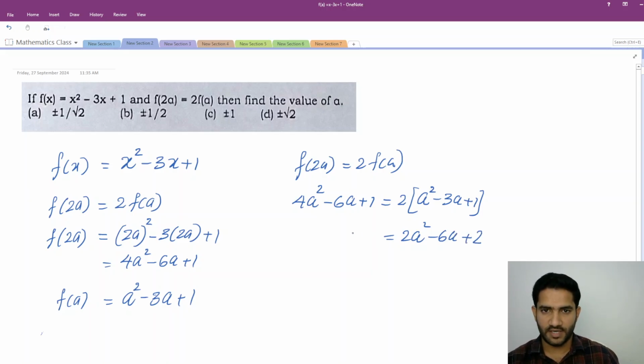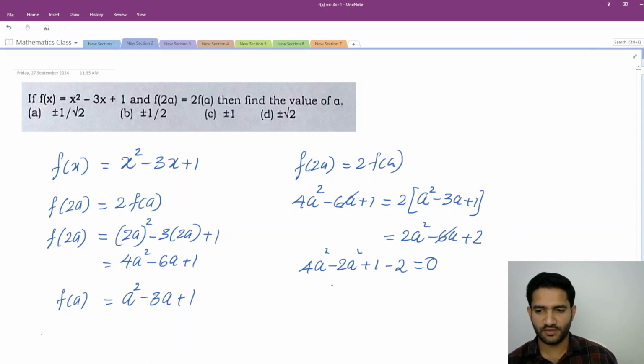It's a quadratic equation, but we want to write it in standard form. So 4a square minus 2a square minus 6a plus 6a cancel, and it will be plus 1 minus 2 equal to 0. So 4a square minus 2a square is 2a square minus 1 equal to 0.